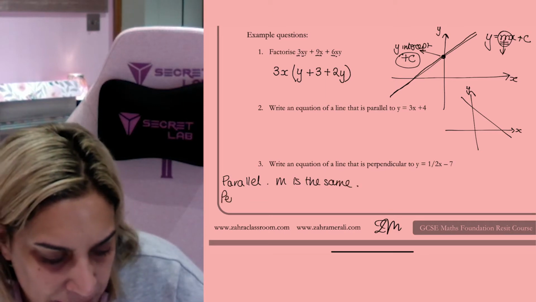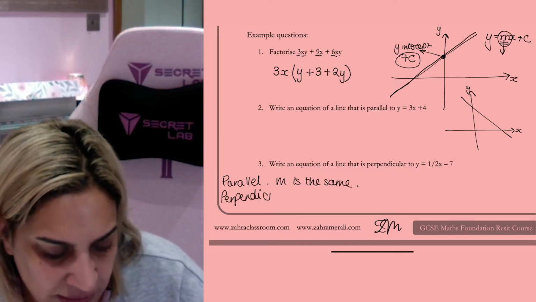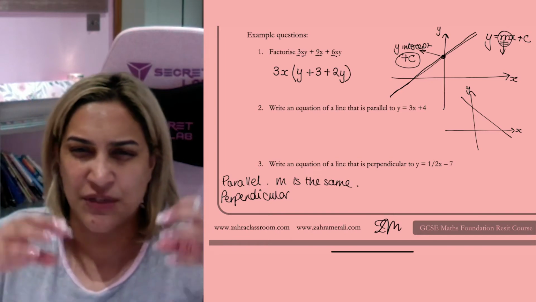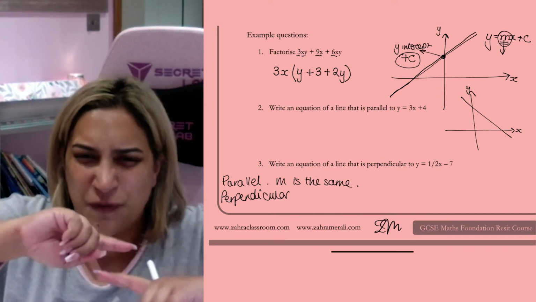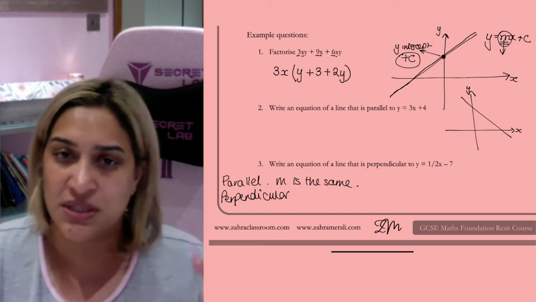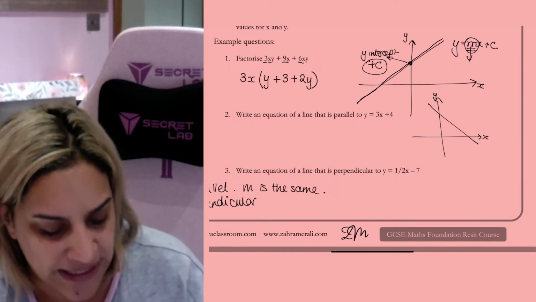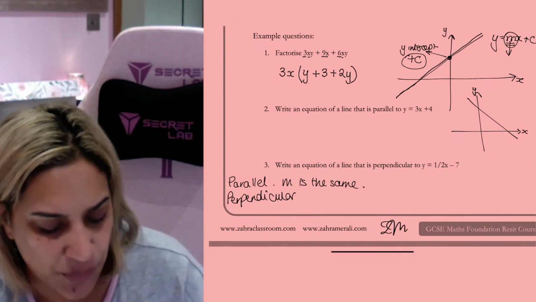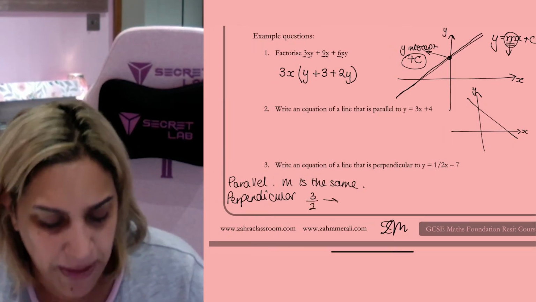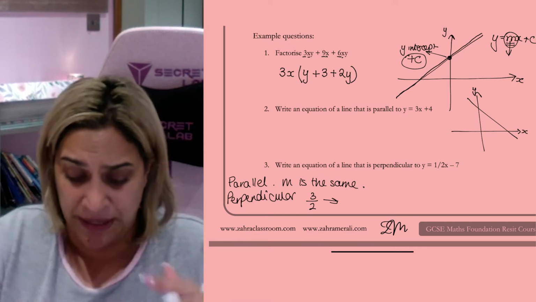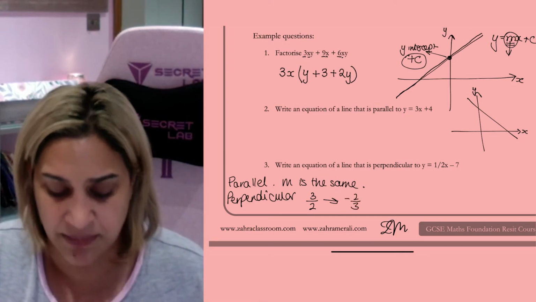And if they're perpendicular, they're what we call the inverse reciprocal, which means you're going to flip the gradient and change the sign. So for example, if the gradient was, let's say, 3/2, the perpendicular gradient is, you'd flip it, 2/3, and stick a minus.